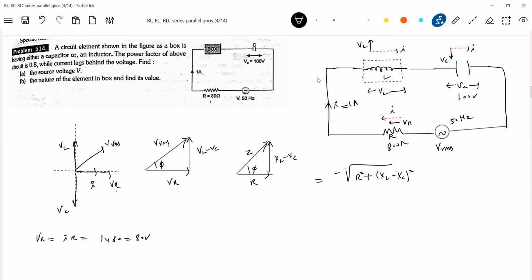What all we know and we don't know. Let me apply Ohm's law across the capacitor: I into XC. We know I is 1 ampere. XC is what? 1 by omega C. We know VC, we know omega, we'll get the capacitance C.